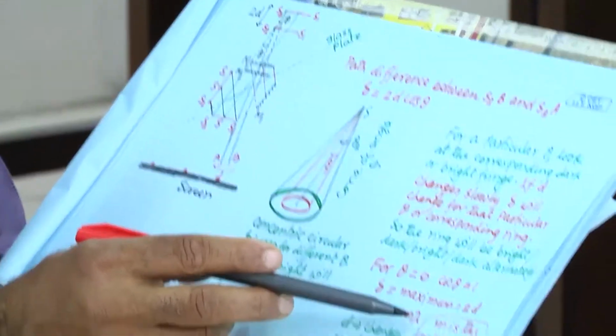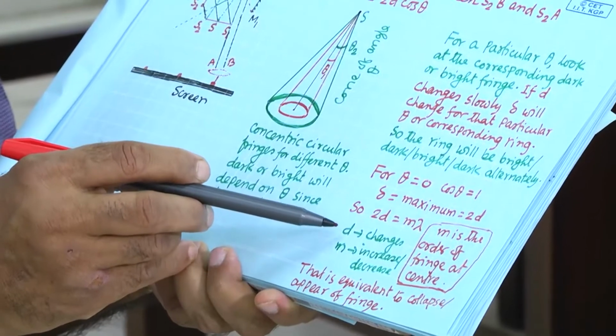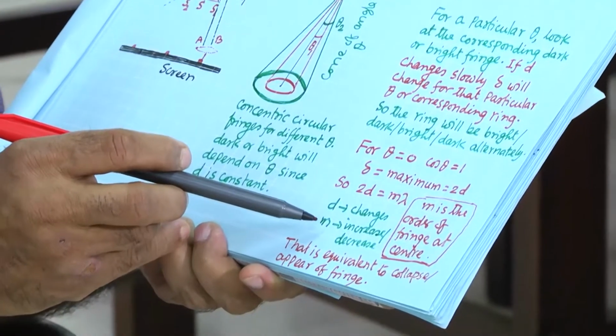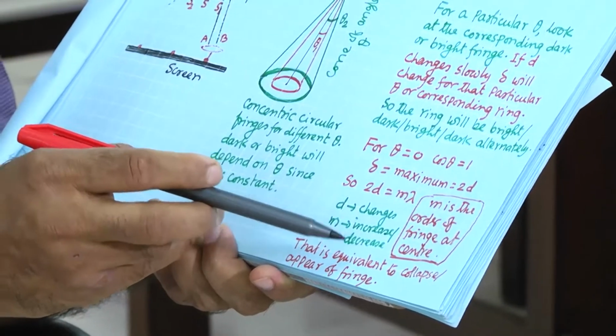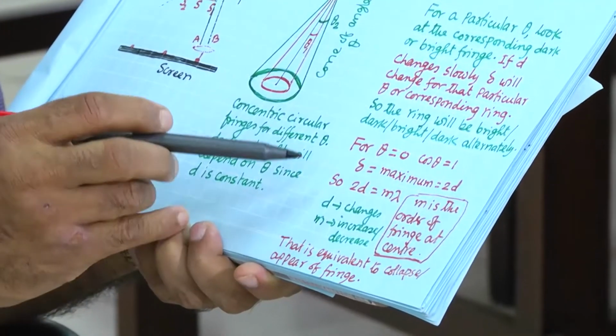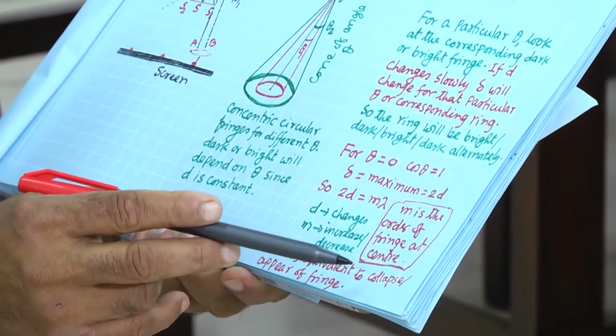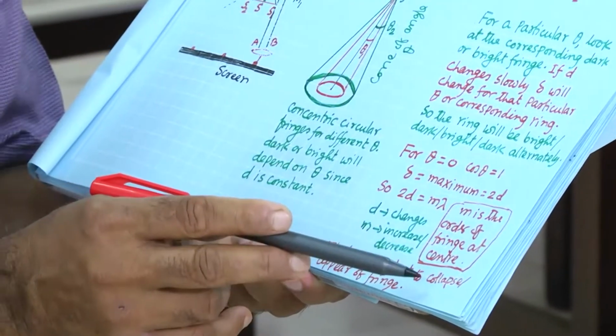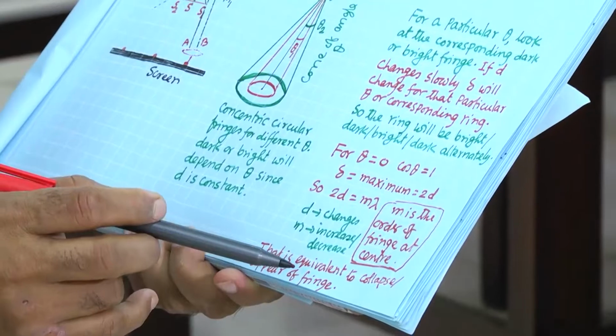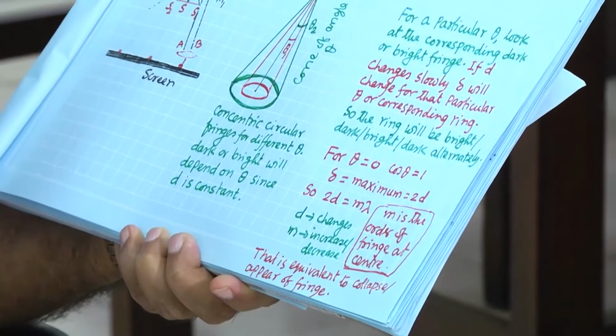So, 2d will be m lambda. Here m is maximum. When d changes, m will increase or decrease depending on whether d is increasing or decreasing. That is what causes the collapsing or appearing of the fringes.